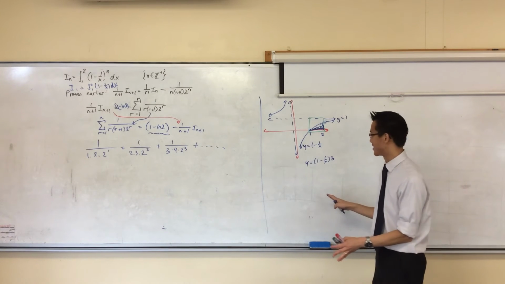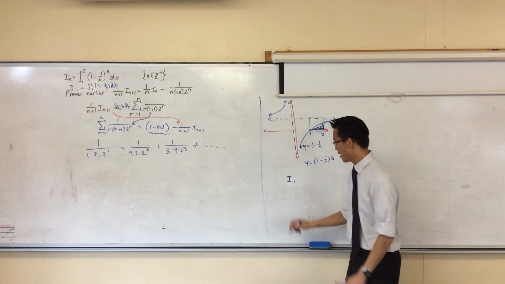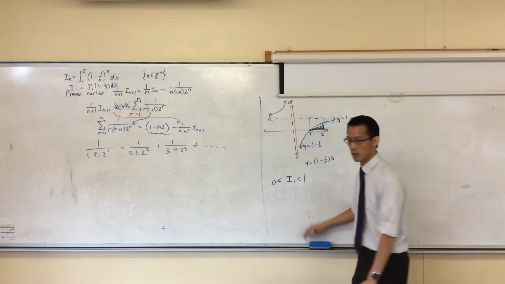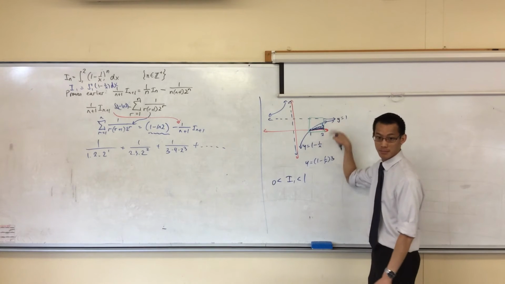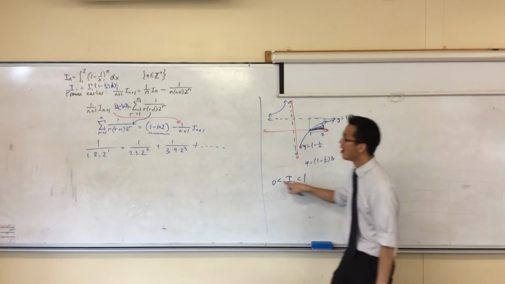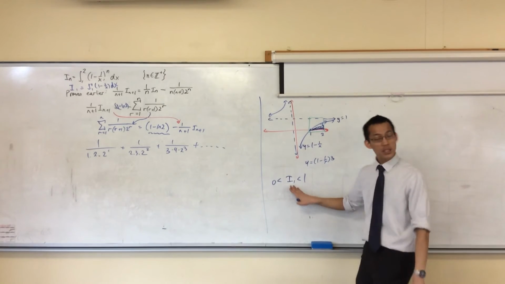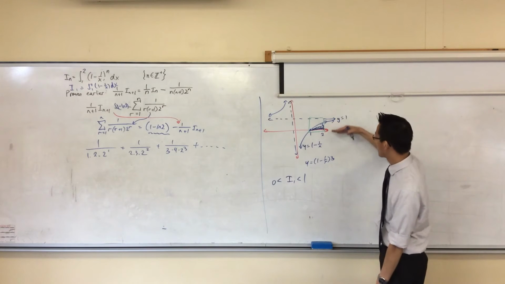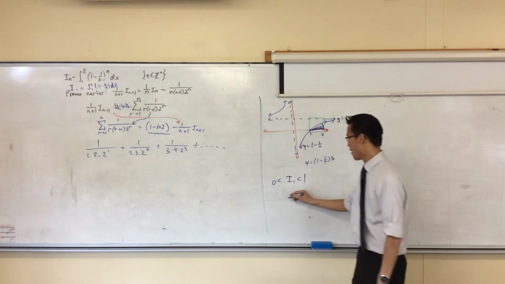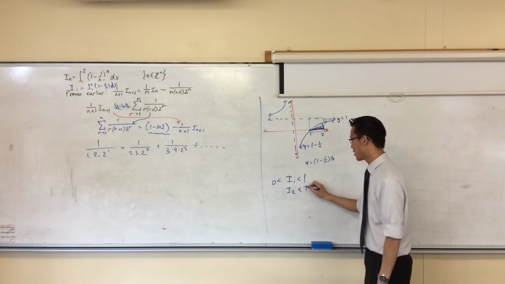So what have I established? First, I've said, look, I1 is between 0 and 1, because it's in this box. In fact, I don't even need to say that. I can know exactly what it's equal to, but suffice it. Once you've got I1, because its values are between 0 and 1, I2, for instance, is going to be less than I1.